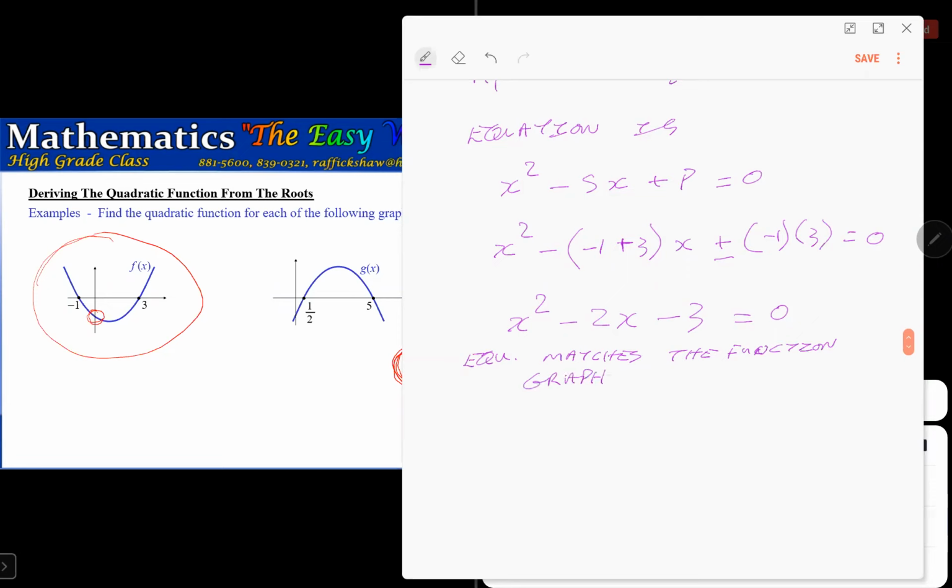Because it matches a function graph, we can say therefore the function is f of x equals x squared minus 2x minus 3, and leave off the equals 0.